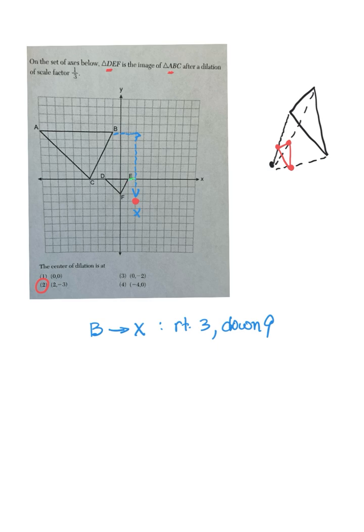So I would go over 1, and then I would go down 3. Okay, so to go from E to that point of dilation, I'm going to the right 1, and then going down 3. And now, if you look at everything that happened here, 3 to a 1, 9 to a 3, we divide it by 3. And that is why the answer is choice 2.